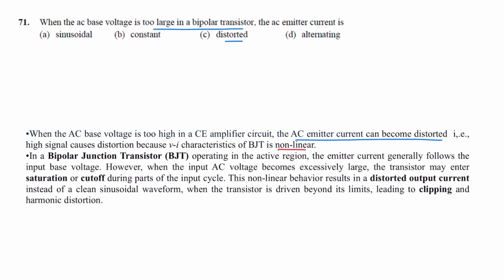In a BJT, the operating point is in the active region, and the emitter current generally flows from the input base voltage. However, when the input AC voltage becomes excessively large, the transistor may enter the saturation or cutoff region during parts of the input cycle.